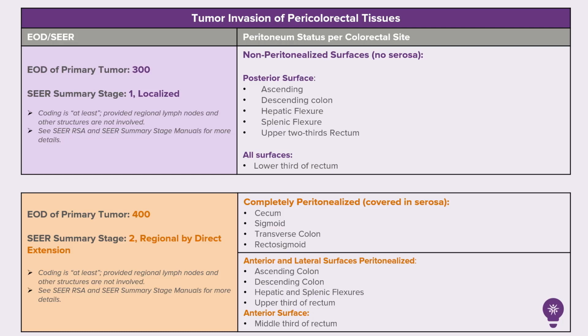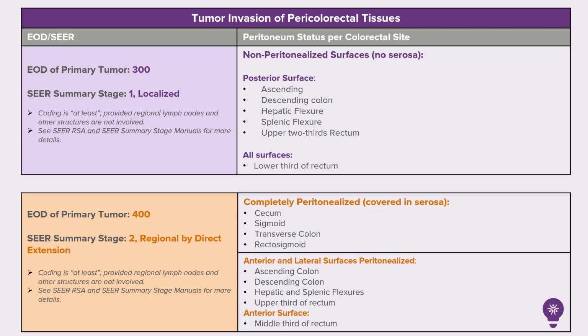This slide is a reference table for coding EOD of the primary tumor and SEER summary stage when tumors invade the pericolorectal tissues. So, disclaimer here: coding is provided where regional lymph nodes and other structures are not involved. You definitely want to consult the SEER Summary Manual and SEER RSA if lymph nodes and other structures are in fact involved.